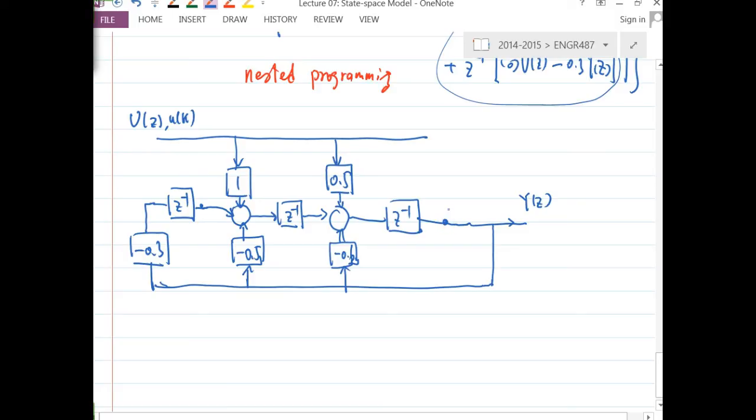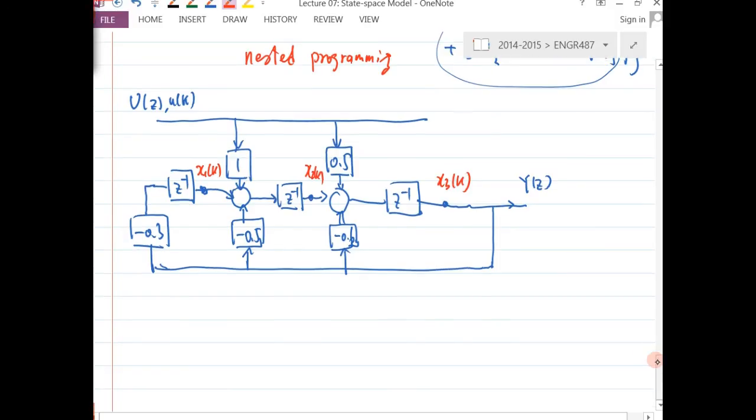Here, here, and here. Let's call these x1 of k, x2 of k, and x3 of k. Is that okay? So now I can build my state space model.